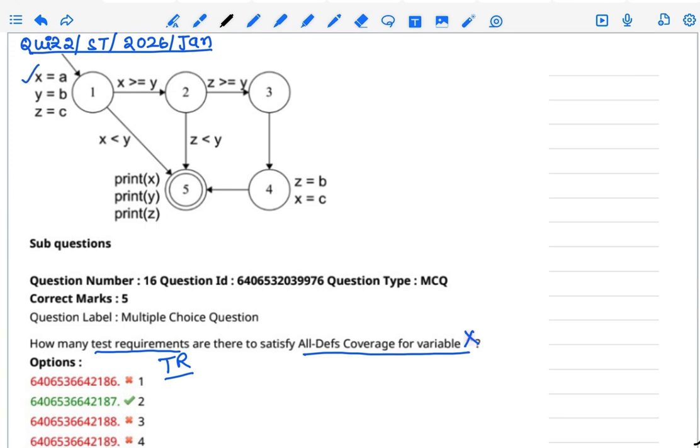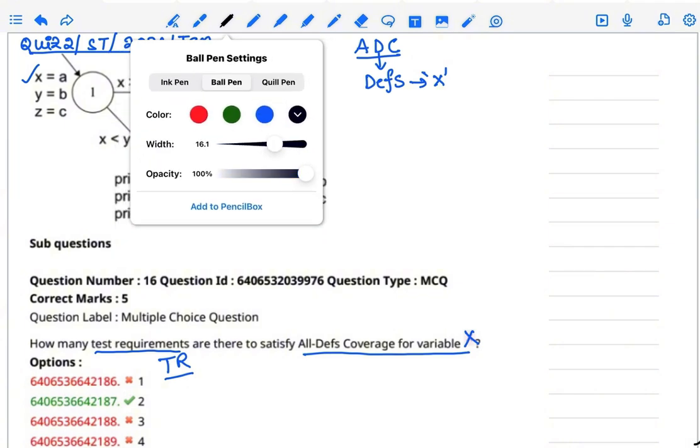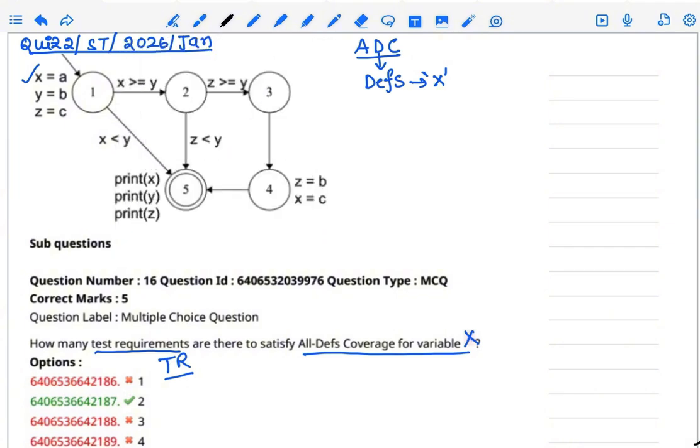All defs coverage, ADC. All defs means definitions of the variable x. So from this control flow graph, first you have to identify the definitions of the variable x.